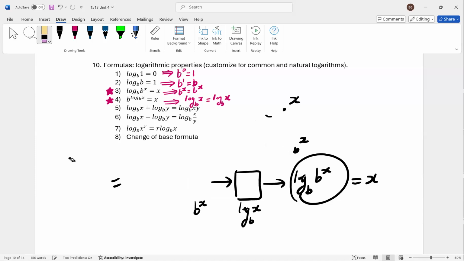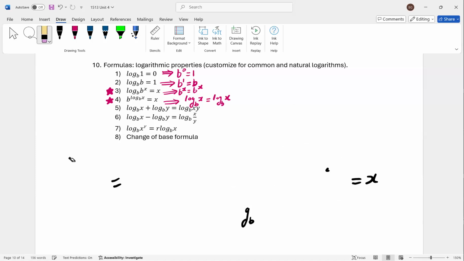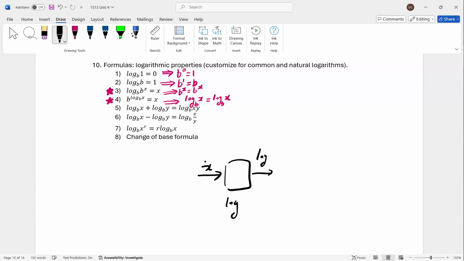You have input x. You let x go through the log function first, and you would have log with base b of x. And then you're going to let that output from the first machine go inside the second machine, which is an exponential function. So you would have b to the power of log with base b of x.